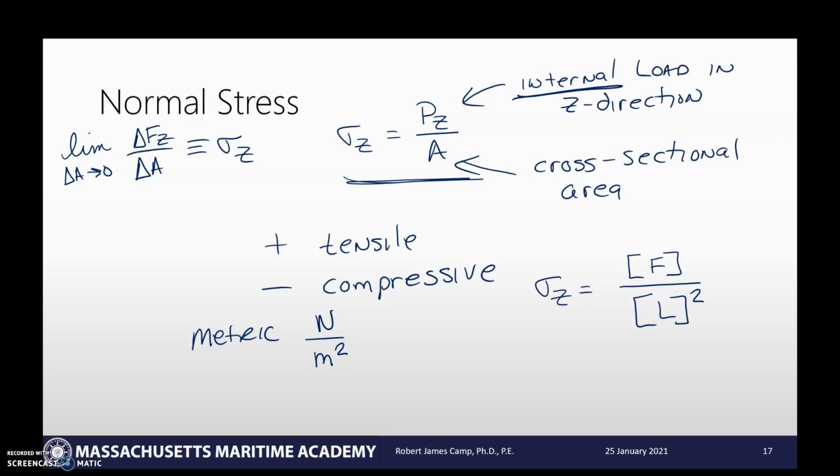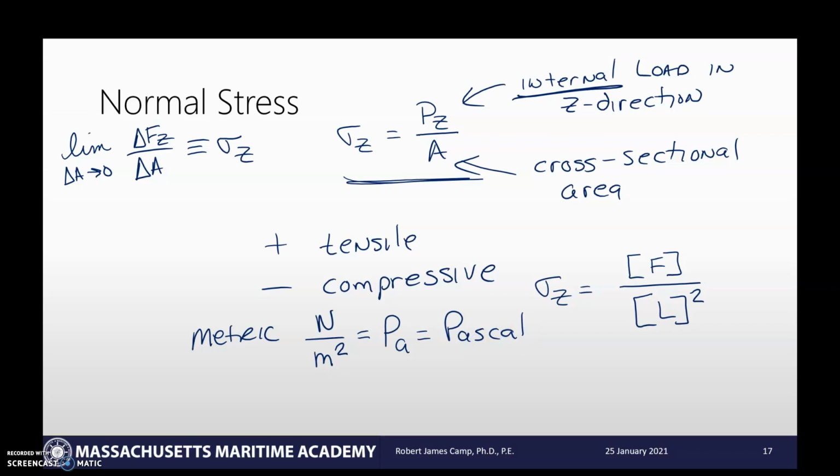So what happens? Well, a Newton per meter squared does have an alternate definition in the metric system. They call that the Pascal, which is typically shown as Pa, named after the scientist.